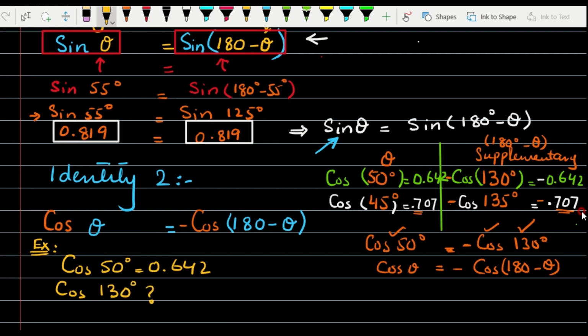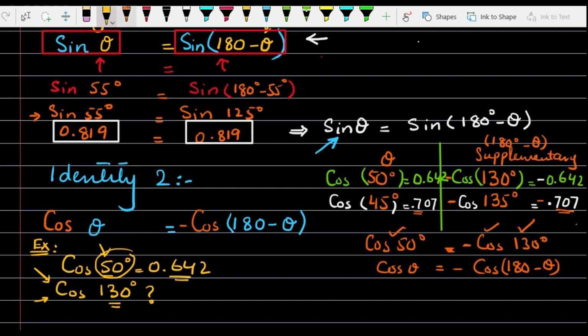What will be the answer? So obviously we know that is 50 degrees and we have to find the supplementary angle first. We will subtract this 50 degrees from 180, then we can get the answer 130. But no need to calculate it because you can directly write the answer. You can say the both values will be same, you just need to change the sign.